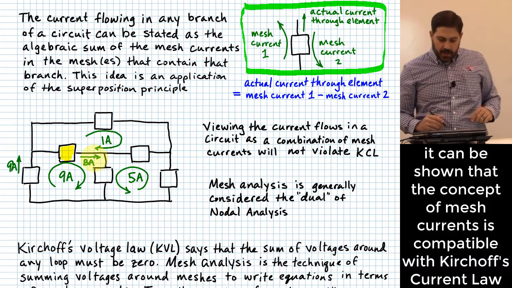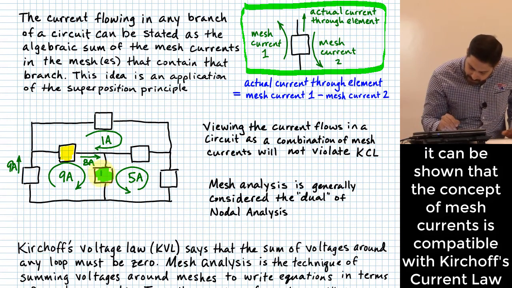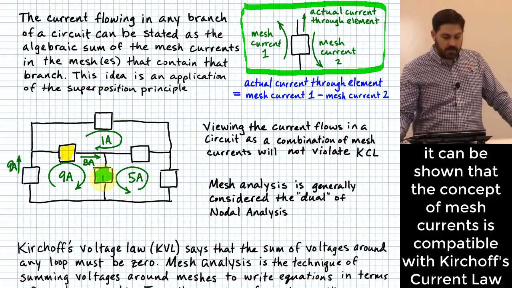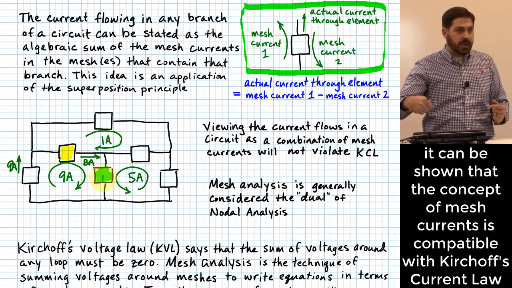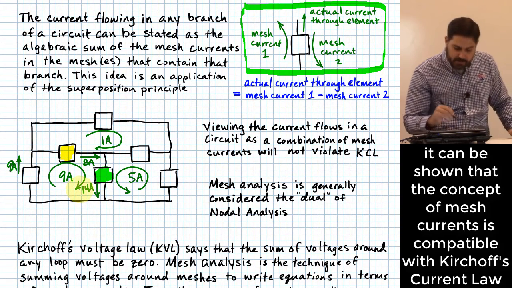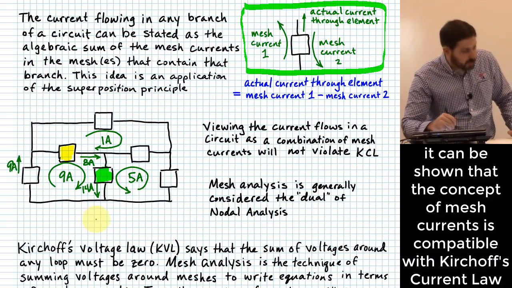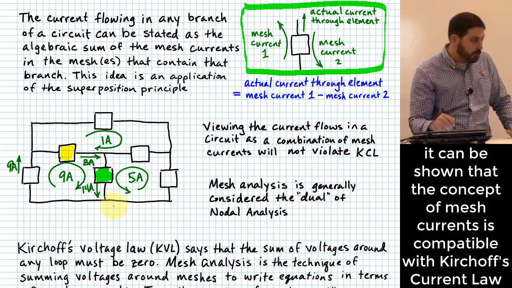Okay? What about this circuit element here? I'll highlight it green. That one's going to be 14 amps down. How do we know that? Because the 9 amps has its loop pointing generally downward, right? And the 5 amps also has its loop pointing downward.